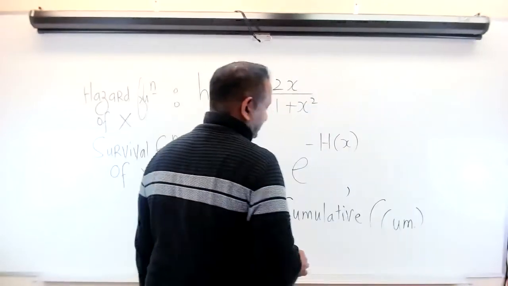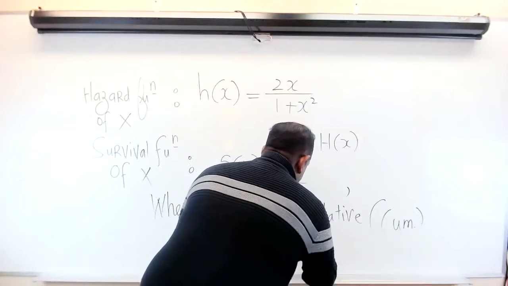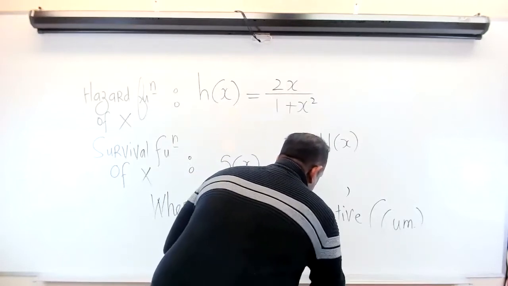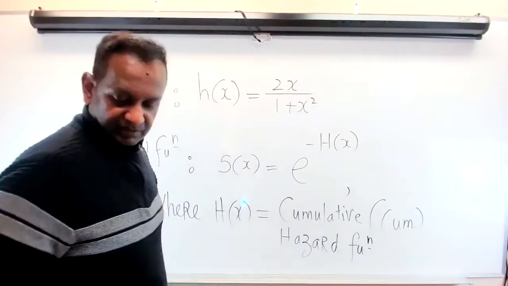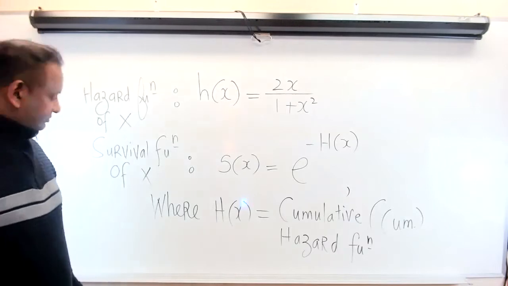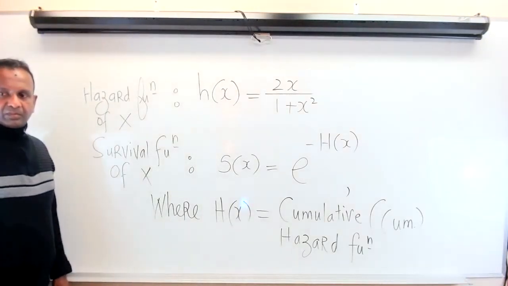It is given by e to the power of minus the integral, where capital H(x) means the cumulative hazard function.